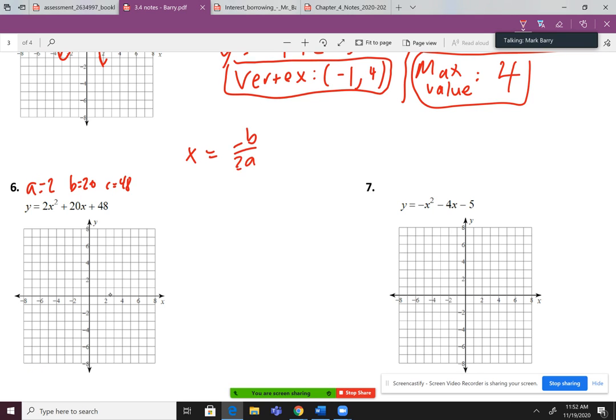So I'm going to use my x equals negative b over 2a, and x equals negative 5.